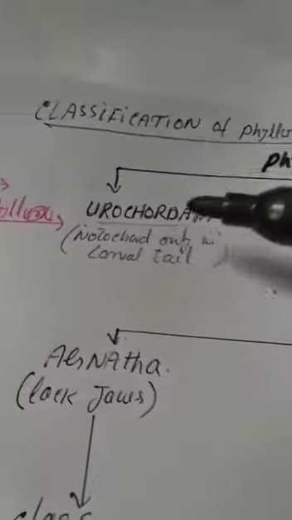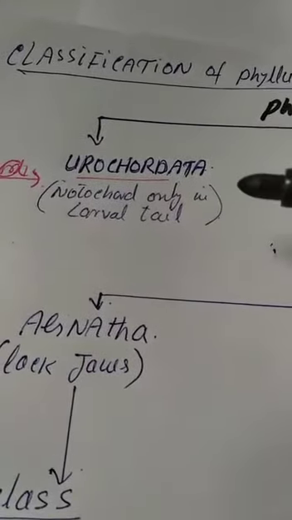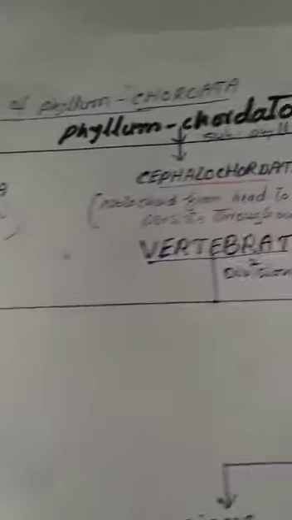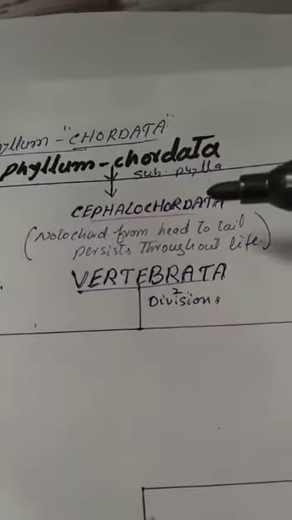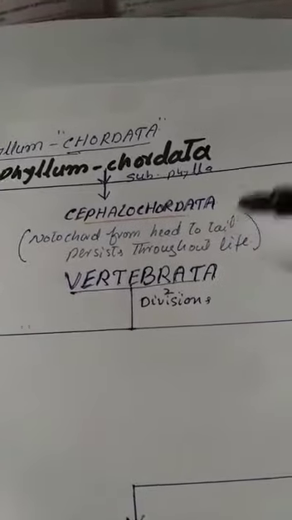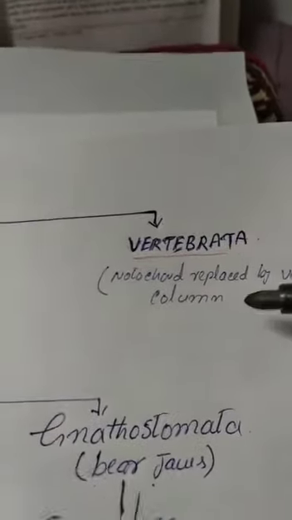In Urochordata, the notochord remains confined only to the larval tail. That is why they are called Urochordates. Whereas in Cephalochordata, the notochord extends from head to tail and persists throughout life. While in Vertebrata, the notochord is replaced by the vertebral column.